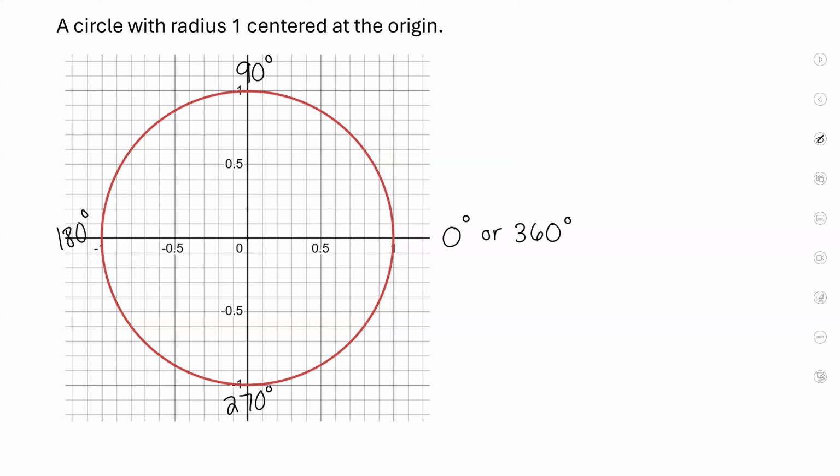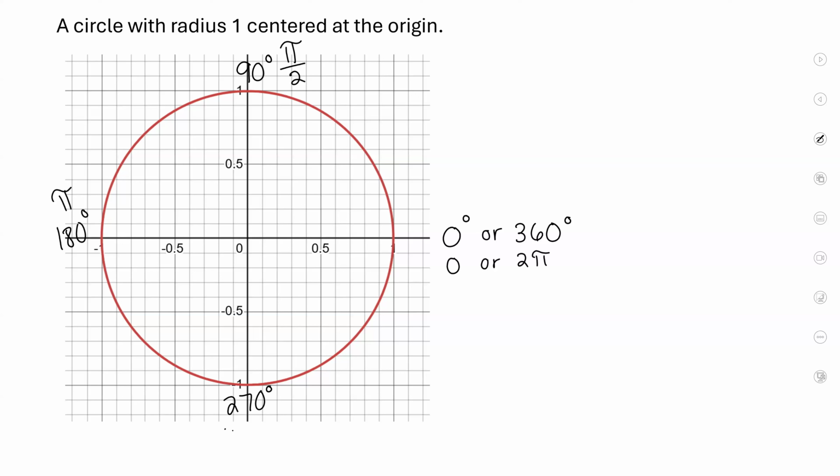I can also think of this as 0 or 2 pi. So if I split 2 pi into 4 equal sections, this is pi over 2. This is pi.